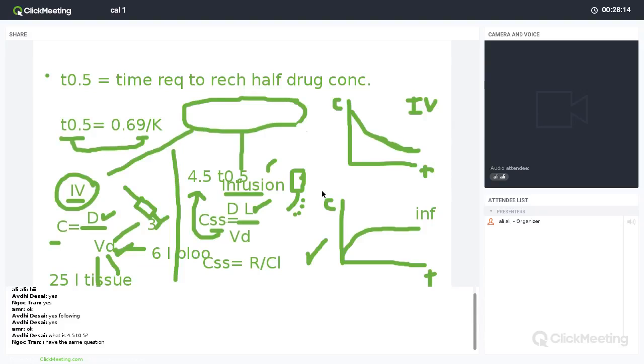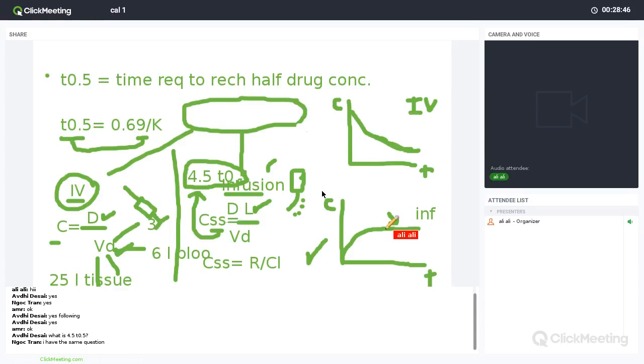With 4.5 half-lives. For example, if I have a medication that I give as an intravenous infusion, what is the time required to reach the steady state concentration if the half-life of this medication is 10 hours?